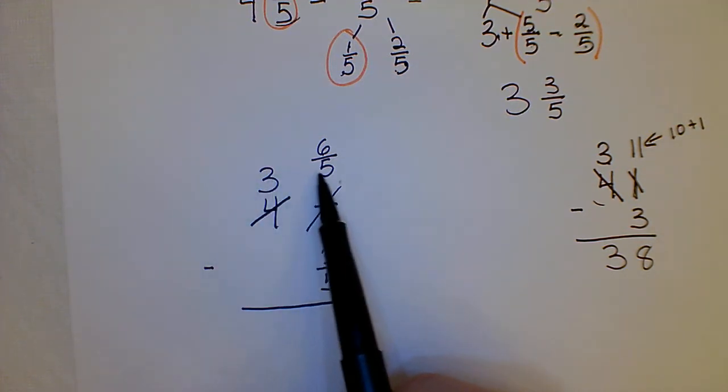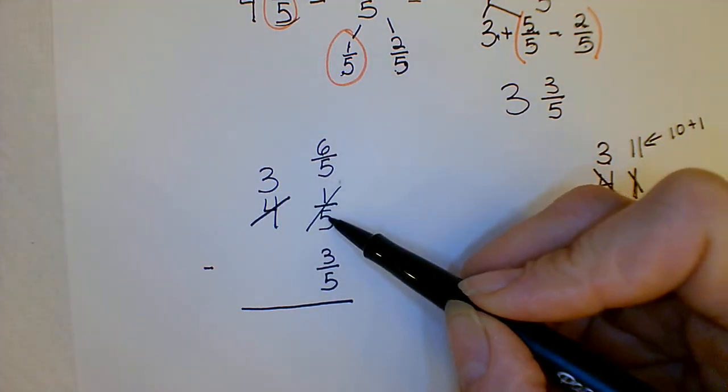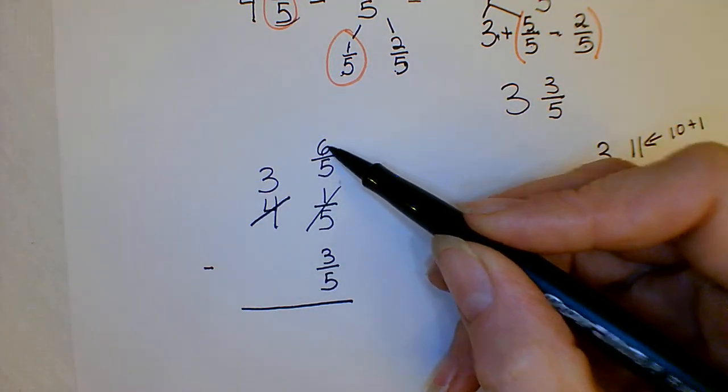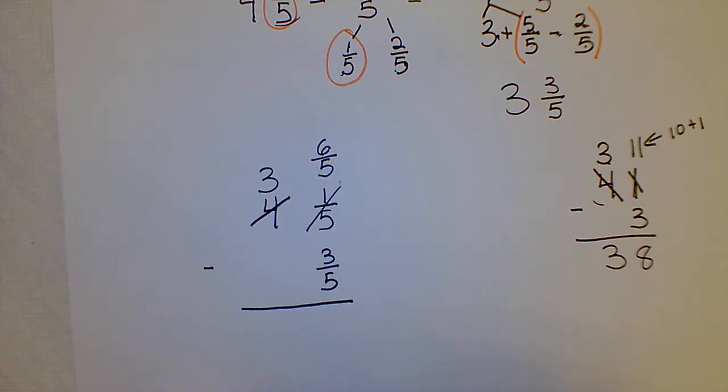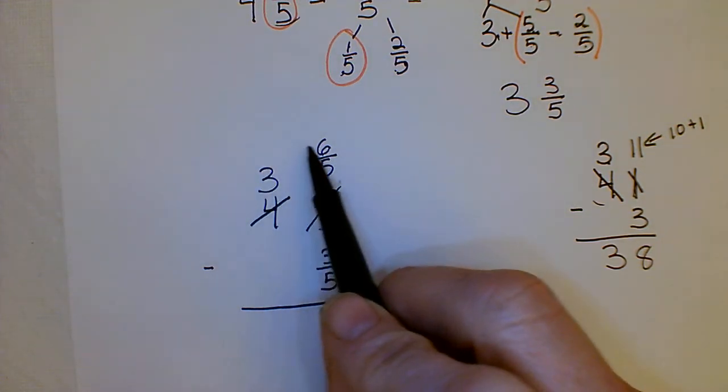So when I move that 1 over and I add it to what's already there, here's the secret. Just add your numerator and denominator to get your new numerator. 1 plus 5 is 6, and then keep your denominator. That's the super duper shortcut, and we'll do a couple more of these just so you're comfortable with it. But the idea is that you moved 1 whole over, so you really moved 5/5 over.